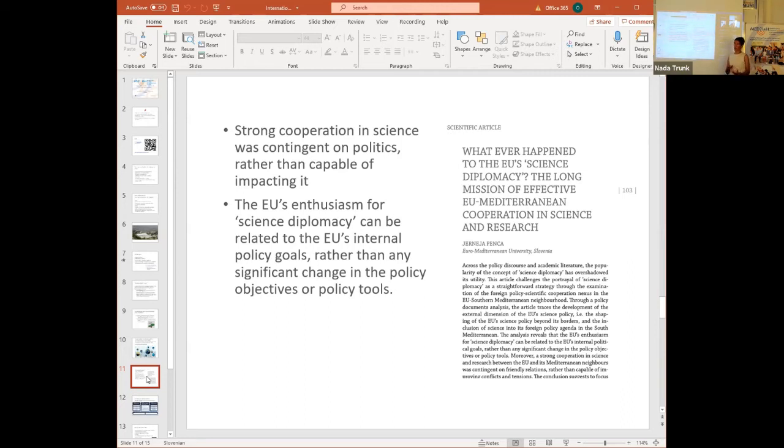Research has always been one of the tools in the toolbox of this international understanding. But my conclusion from looking at the documents and also political relations was that strong cooperation in science was a product of friendly relations in the region, rather than a tool that was able to overcome difficult situations, which we don't have a shortage of in the region.